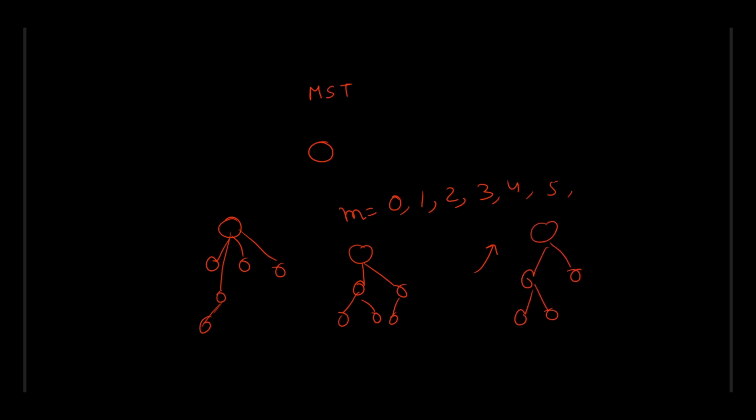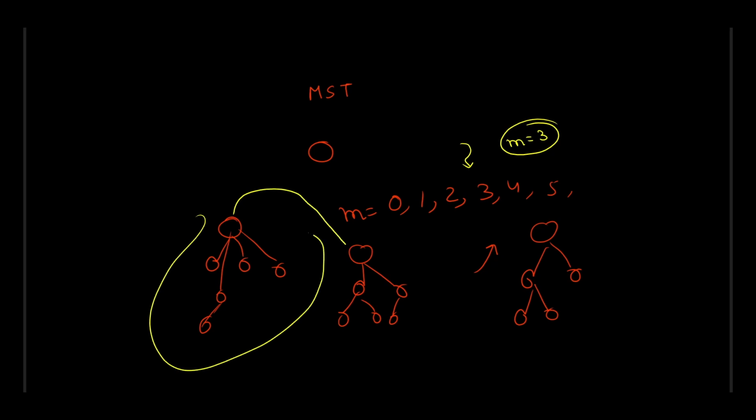So suppose at this stage you have created these many connected components. Suppose you have deleted this edge, m equal to 3. Then some of these connected components might get connected, like you are now joining this component with this.